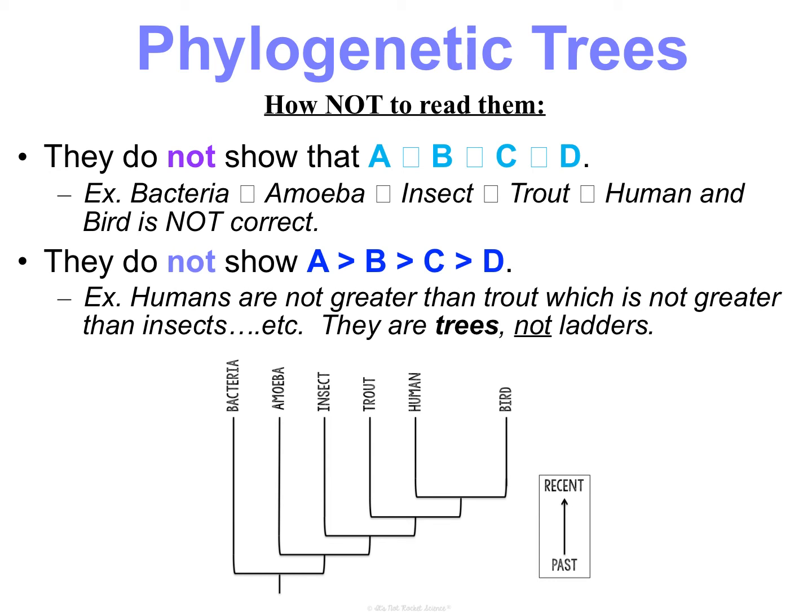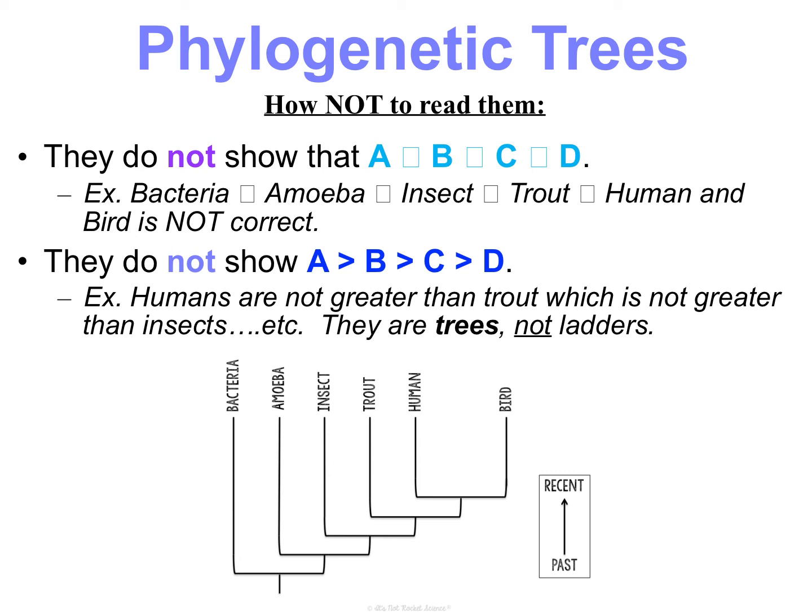Phylogenetic trees do not show that species A evolved into species B, evolved into species C, and so forth. Like bacteria evolved from amoebas to insects to trout to humans. They don't show this linear lineage, okay? Humans are not greater than trout or less than, or whatnot, either.